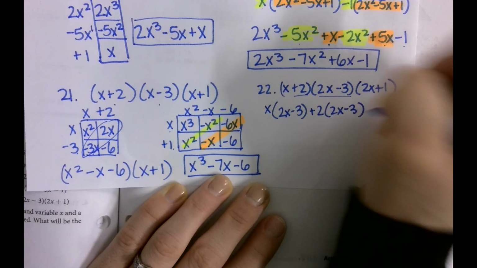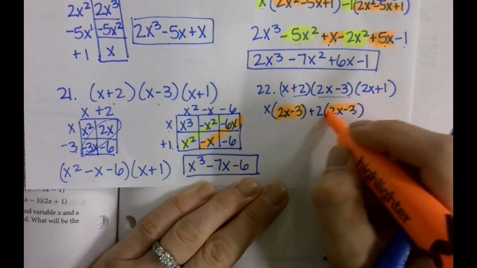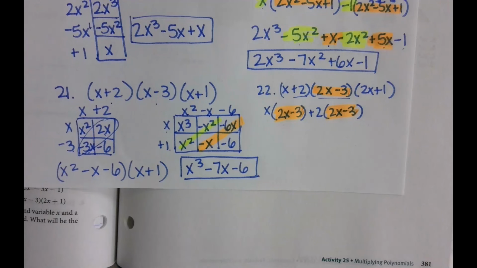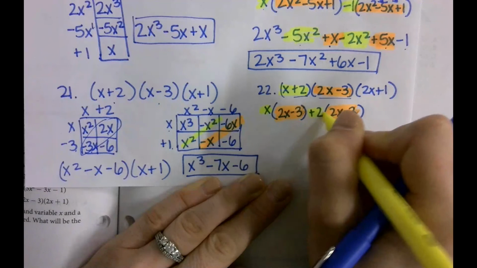Then I'm going to take my second term, plus 2, and multiply it by the same binomial. So when you have the distributive property, the same binomial terms are in your parentheses, and the terms on the outside come from your first set of parentheses.